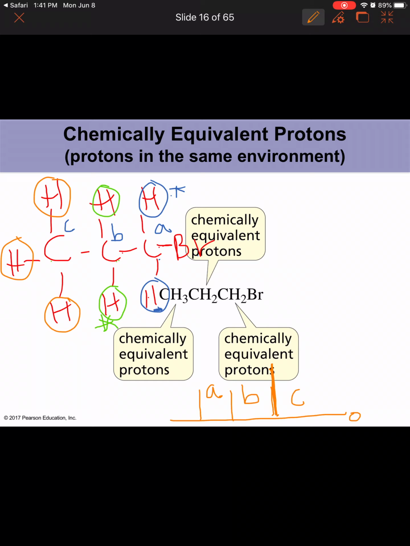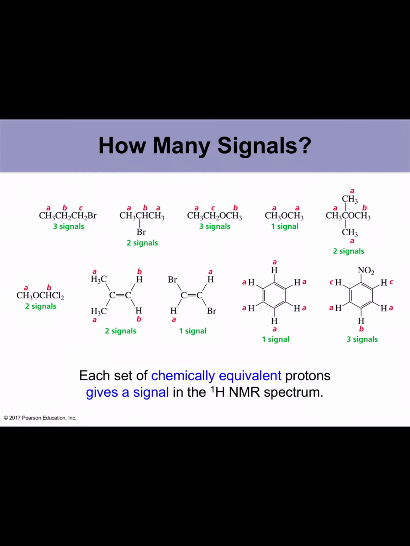We should be able to see three from this compound. Now how many signals? The same thing that we looked at in the previous slide. There are three signals here, A, B, C. A is 3 different hydrogens, B would be different from A, and C 2 hydrogens are the same. So there are 3 signals.